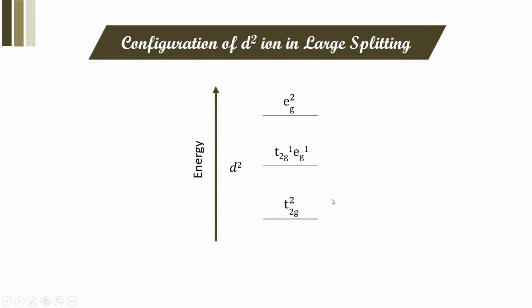In t2g2, the two electrons are distributed into the lower set of d orbitals, that is the ground state, or possibly one electron in the ground state and one electron in the excited state, so t2g1 eg1, or both the electrons in the excited state. So this would be a very limiting case with a very high value of eg2 system, and therefore we are now ready to understand the various configurations and the terms that are associated with them.